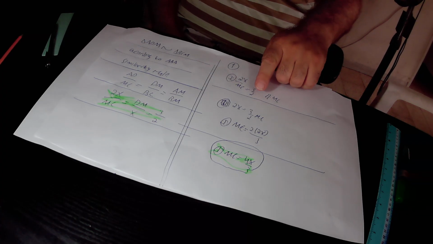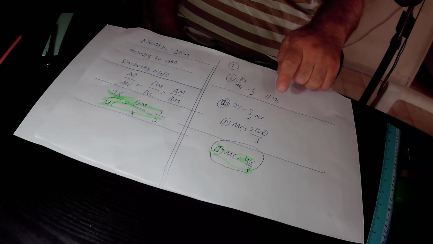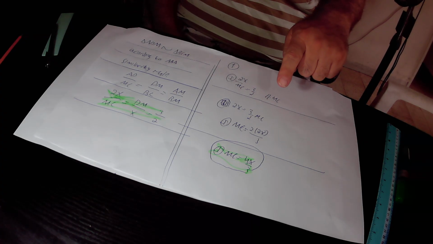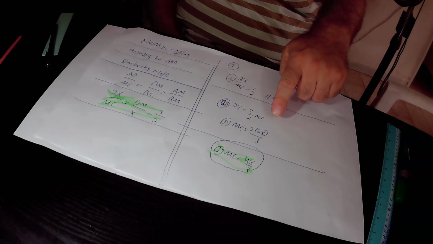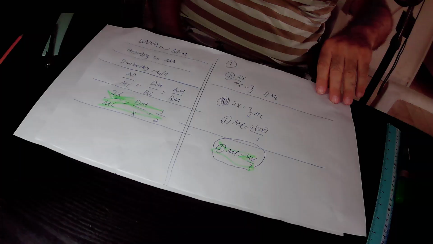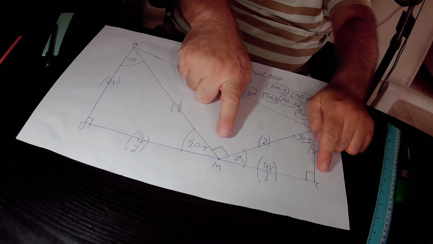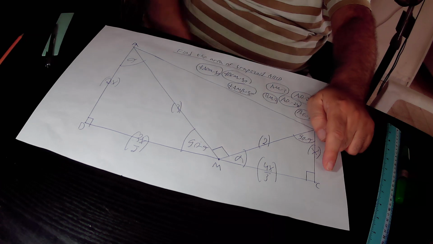Then we multiply this equation by 2 and divide it by 3, and finally find out that MC equals 2 times 2x over 3. 2 times 2x is 4x, so this expression equals 4x over 3. So MC equals 4x over 3 units.